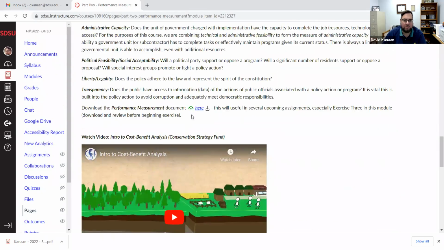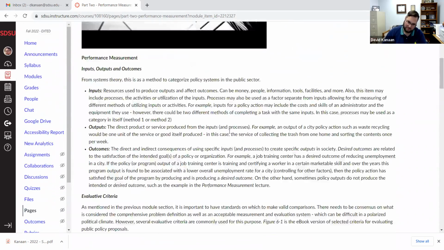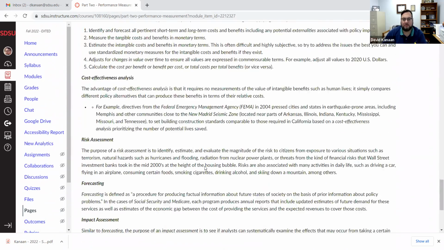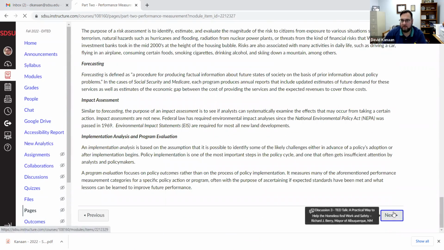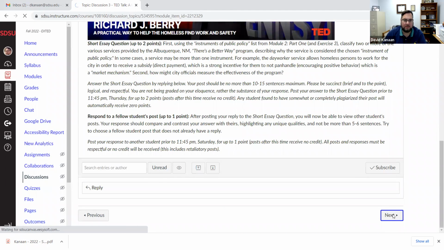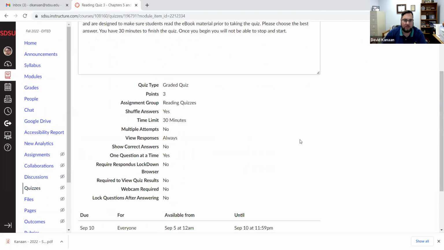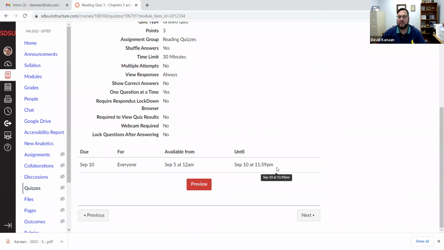Make sure you download the performance measurement document, which is in part 2. Okay. And of course, at the end, you have the reading quiz, the same as always.